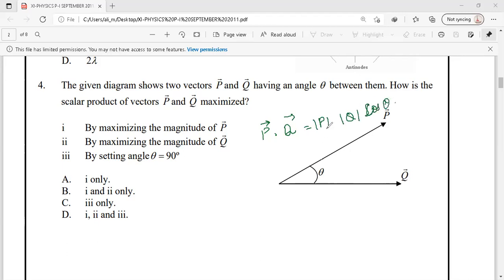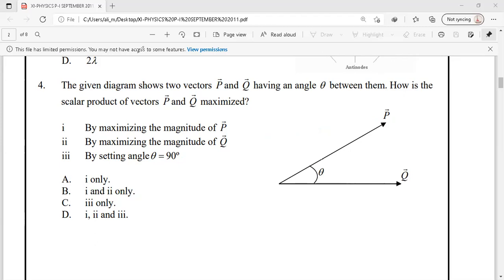So by increasing the magnitude of the vectors and by making the angle 0 degrees, the magnitude of the dot product can be increased. So this option is incorrect because at 90 degrees the dot product is 0. By maximizing the magnitude of P and by maximizing the magnitude of Q, 1 and 2 both are the conditions that will increase the magnitude of the dot product between vector P and vector Q.